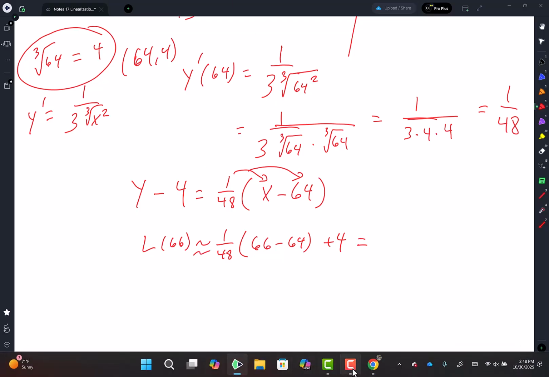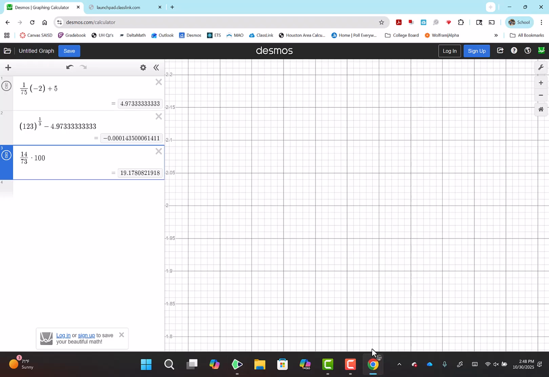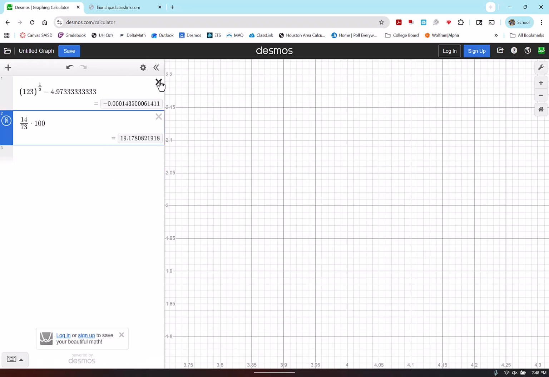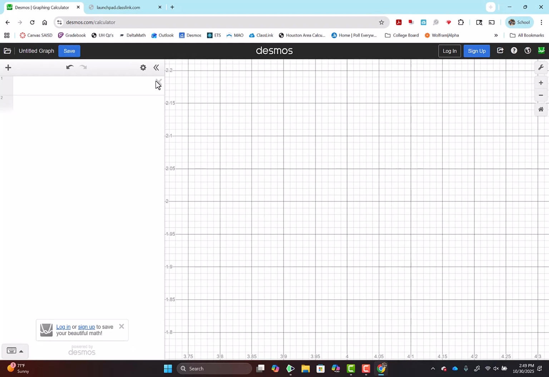All right, here we go. 1 over 48, parenthesis, 66 minus 64. You don't have to, you can just take the difference, but I'll just put it in there. And it was plus 4, right?